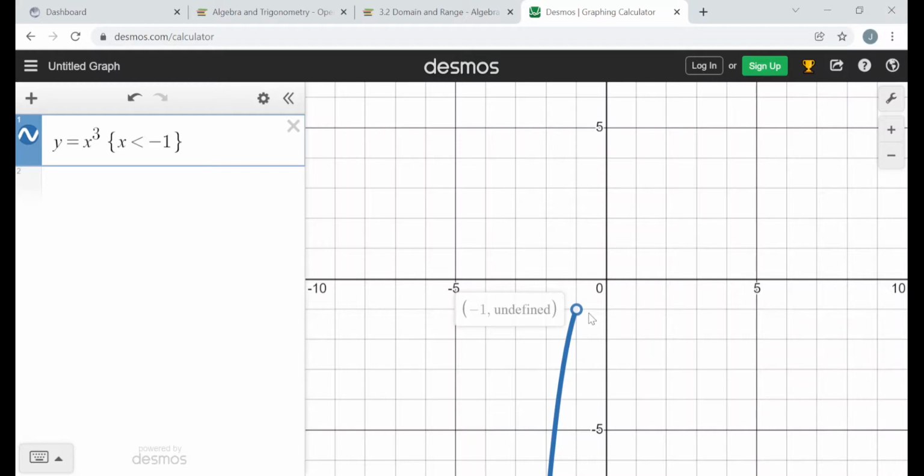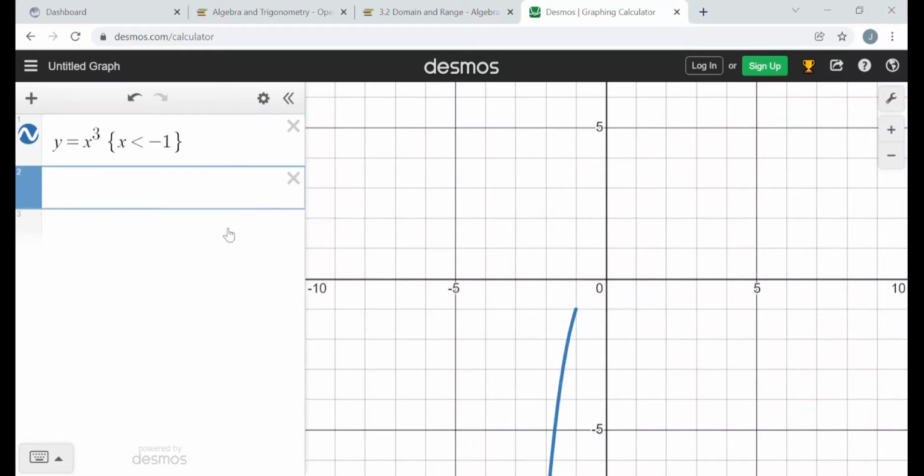But you notice how this is where -1 comma -1 would be? Because if you were to cube -1, you'd get an output of -1. But again, you can't plug in -1, so that's why it's an open point instead of a closed point. Okay, and again, if you're not clicking on it, it's hard to tell. They kind of make it look like it's there.